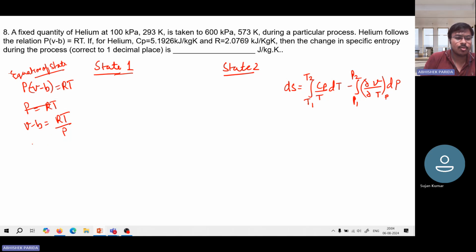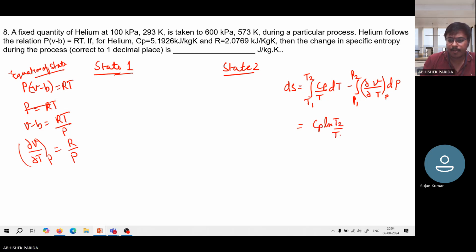So V minus B is equal to RT by P, and ∂V/∂T at constant P is R by P. When you put this in the equation, you will get Cp ln T2 by T1. Then ∂V/∂T becomes R by P, and when we integrate with ∂P, it is minus R ln P2 by P1, which is the equation for an ideal gas.